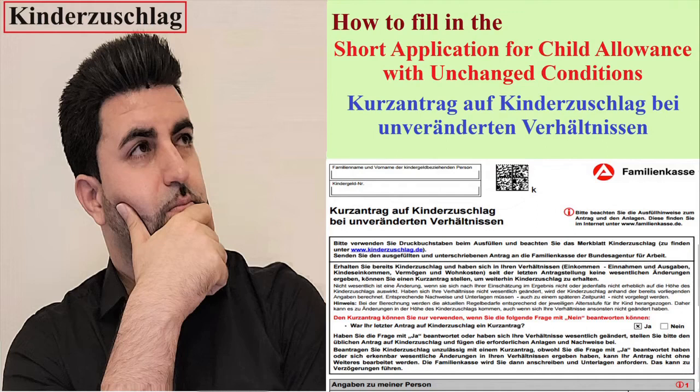Today I would like to explain how you can fill in the short application for child allowance with unchanged conditions, which in German is called Kurzantrag auf Kinderzuschlag bei unveränderten Verhältnissen.